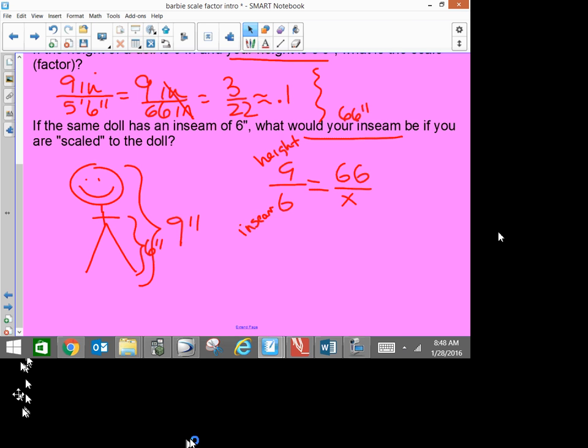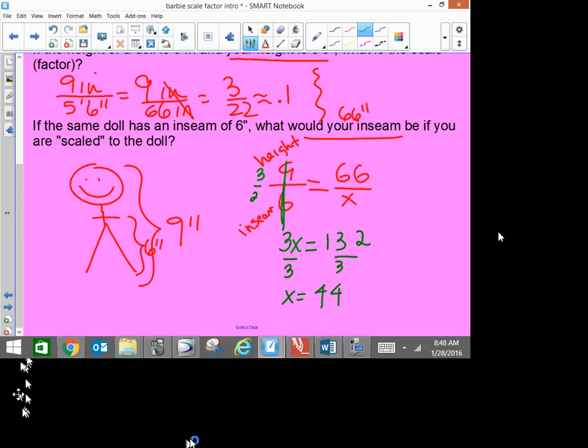If you want, you can reduce a fraction if you like. Don't spend a lot of time doing that, it's not worth it. So 3x equals 2 times 66, what's that? 132. So x equals 44 inches.